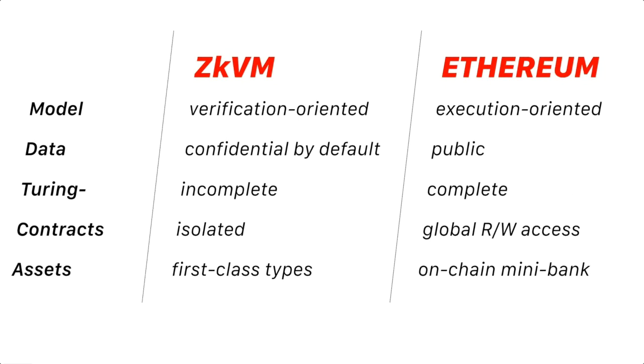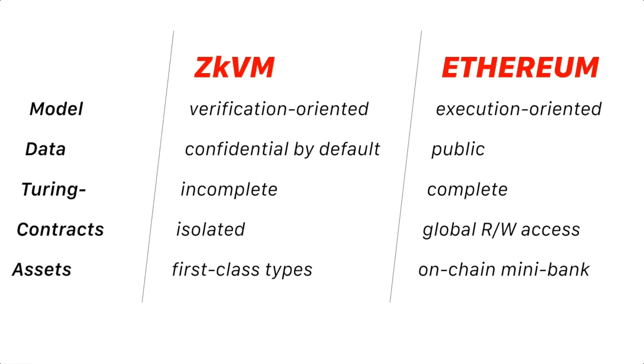This means that in zkVM, most data is normally off-chain and the remaining data necessary for contract verification is kept confidential. zkVM is deliberately not Turing complete. This makes the behavior of the contracts much more predictable and allows making the consensus-critical parts of the protocol simpler and more robust. The complexity of the contract logic is pushed to the end users. Contracts in zkVM are strongly isolated from each other.